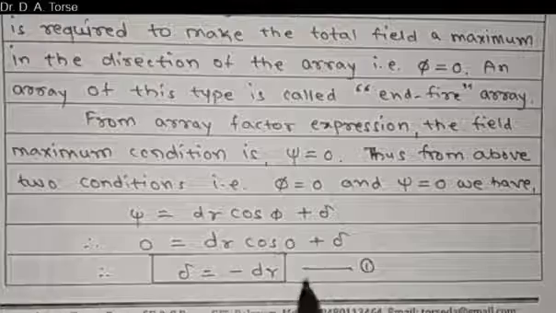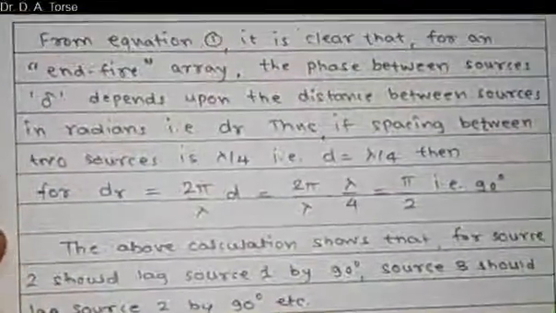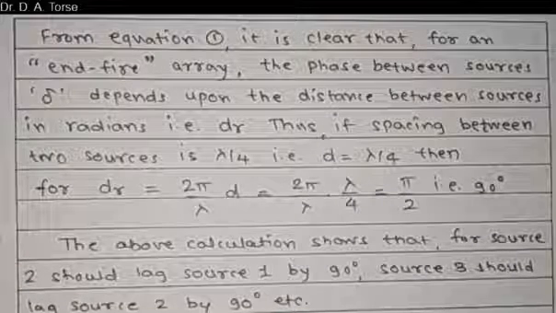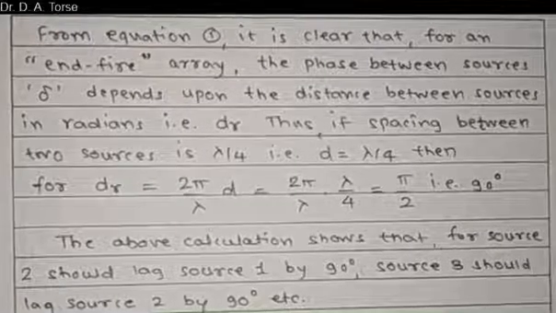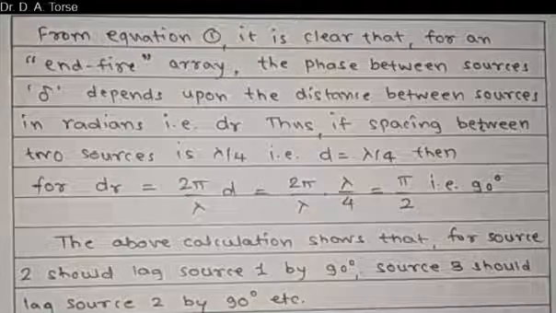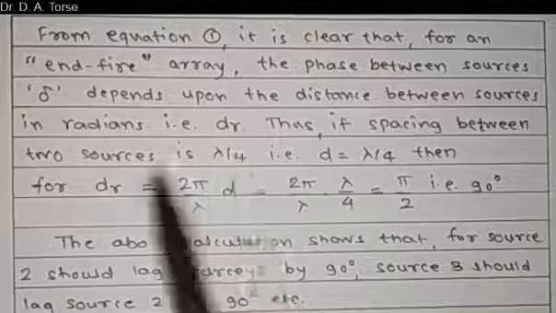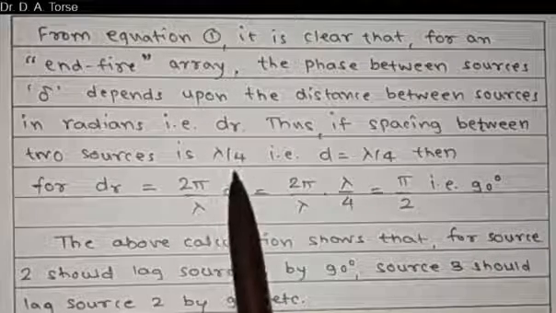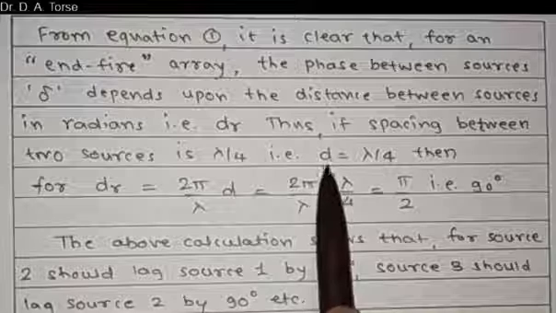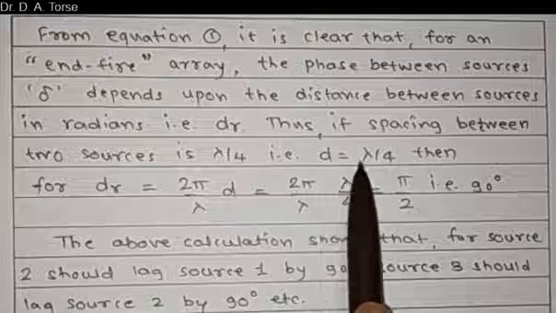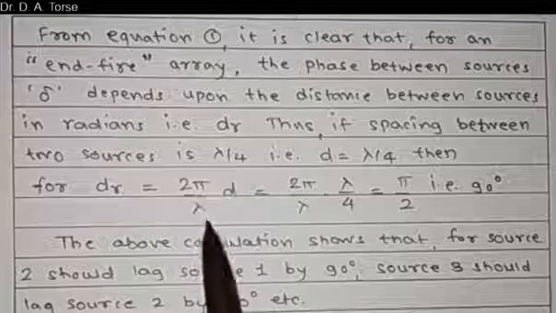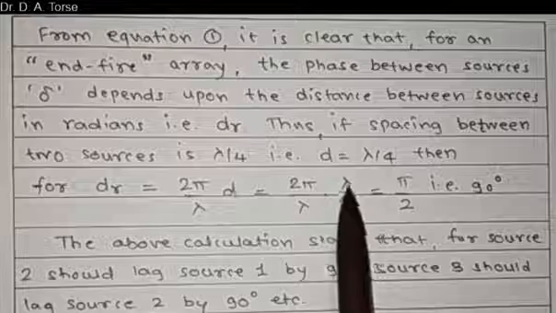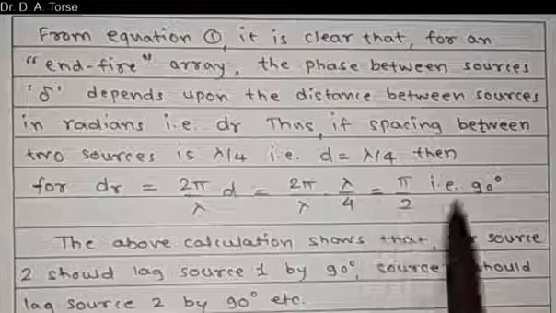So from equation 1, delta equals minus dr, we understand that in an end-fire array, the phase between sources, delta, depends on the distance between the sources in radians, that is dr. If the spacing between the two elements is lambda by 4, then d in meters is lambda by 4. We compute dr as 2 pi by lambda into d, so 2 pi by lambda into lambda by 4 gives pi by 2, that is 90 degrees.